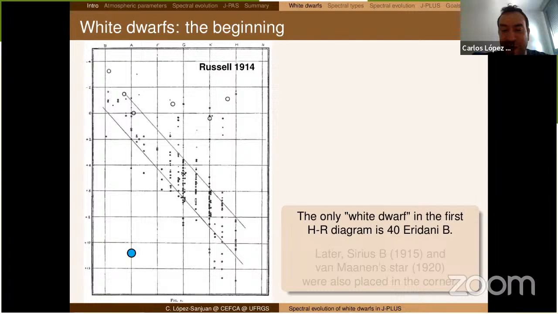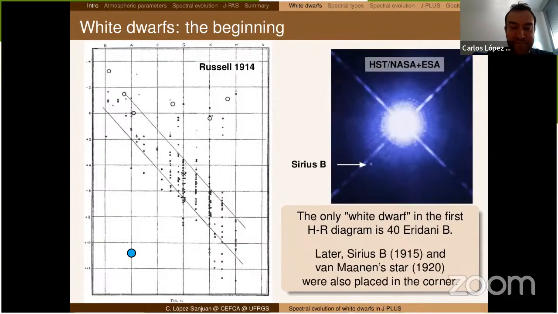This is 40 Eridani B. B means that it's a companion of 40 Eridani, because the luminosity of this object was very low and 40 Eridani A was very bright. In the discussion, they say that, well, probably this is a mistake. So we put it in the diagram, but probably in the future, we will solve the problem with this measurement.